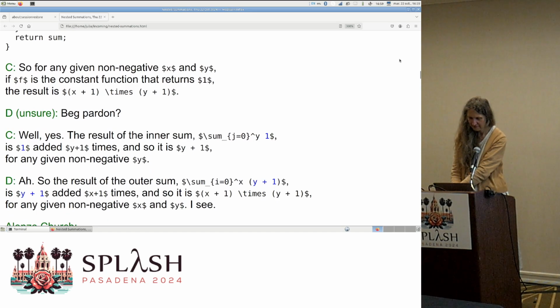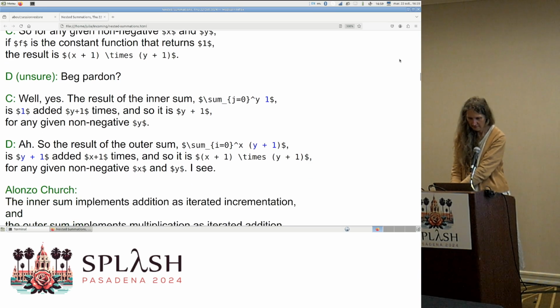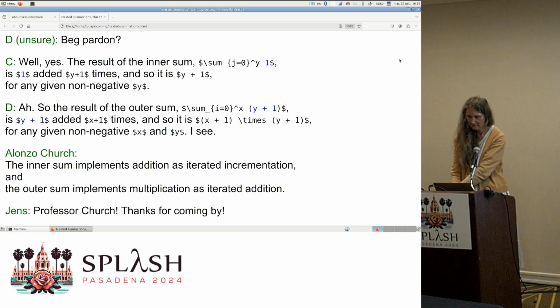So for any given non-negative x and y, if f is the constant function and returns 1, the result is x plus 1 times y plus 1. Beg your pardon? Well, yes, the result of this inner sum.